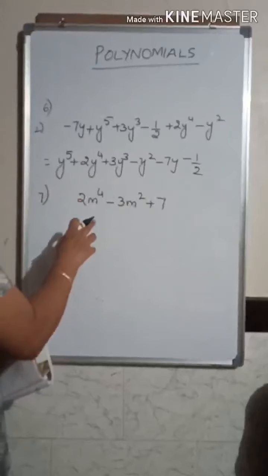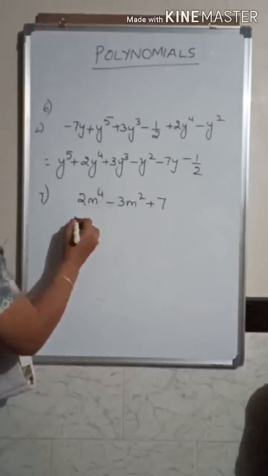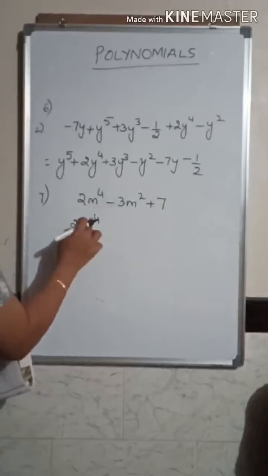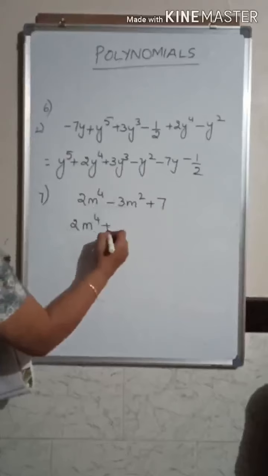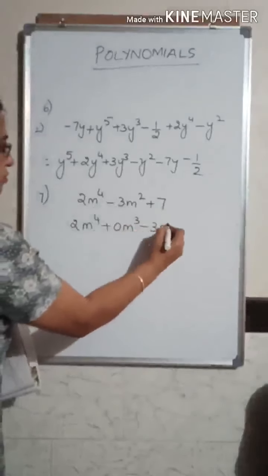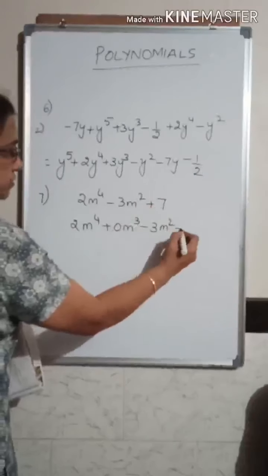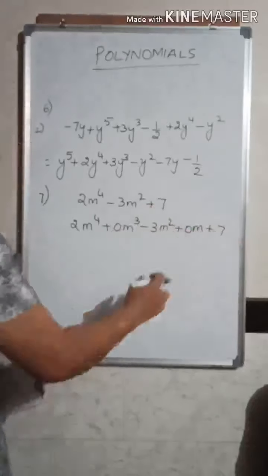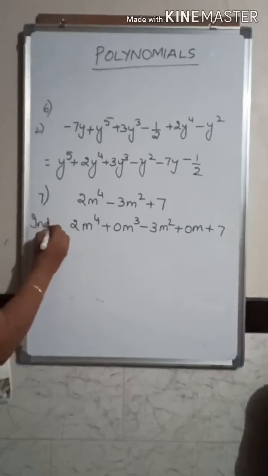To write it in the index form, whichever terms are missing, you have to introduce those terms. So you will write this first as 2m to the power of 4. After m to the power of 4, it should be m cube. That term is not there, so you have to write it as 0 m cube minus 3 m square. Then next after m square, you should have m, that is missing, so write it as 0 m plus 7. So this is the index form.